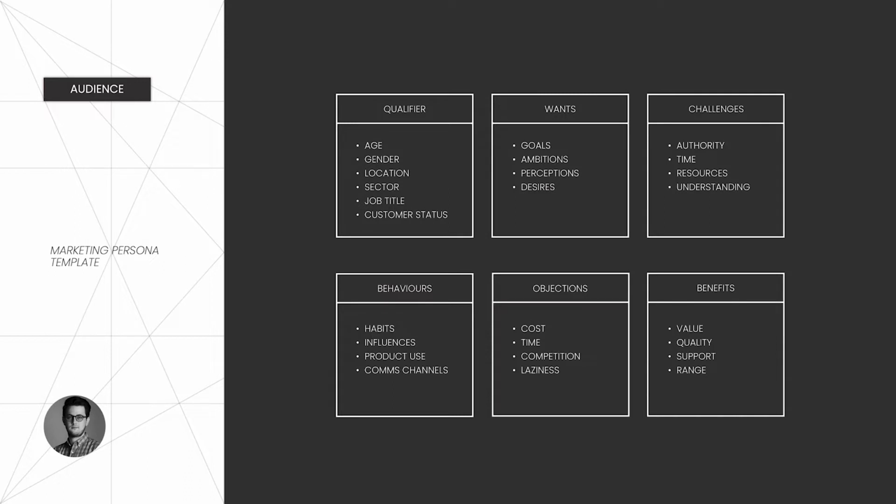And lastly is the secret sauce, which is taking what we know about their challenges and their objections, so what they're struggling with and reasons they wouldn't use your product. How can we talk to them in terms of benefits? So everything we know about them, what is therefore the key to unlocking value for them?